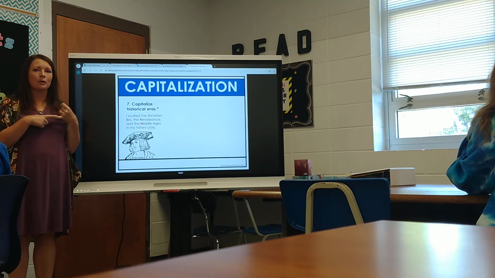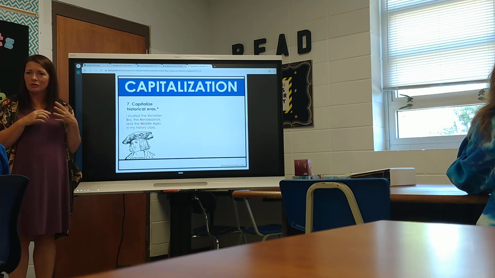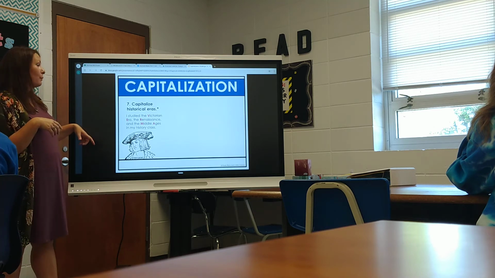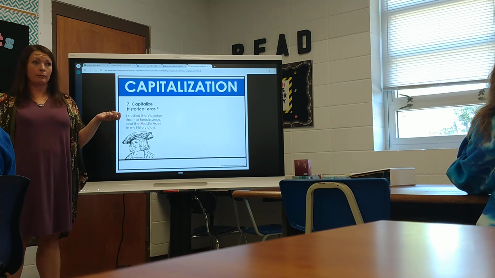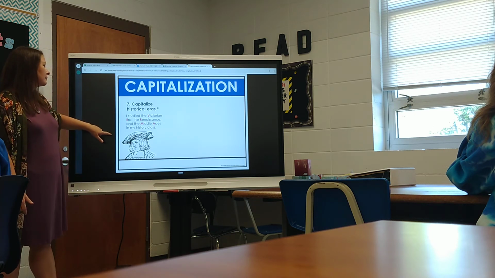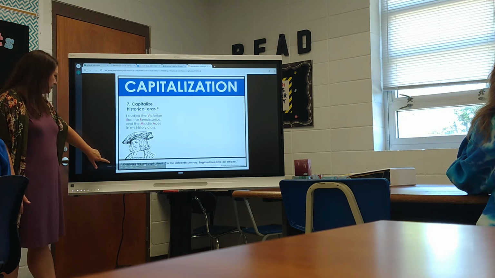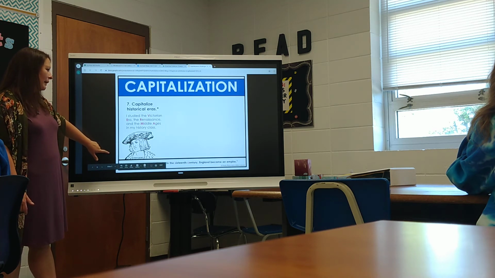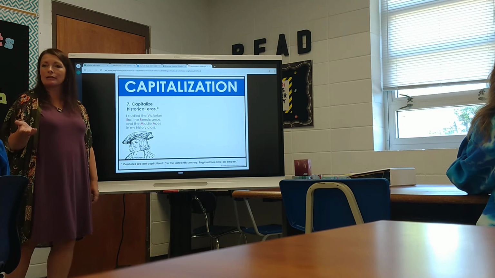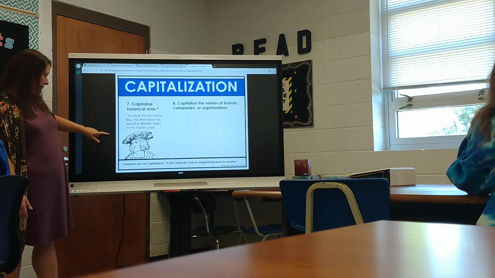Reconstruction after the Civil War, that's an era. The Revolution, that's an era. So, westward expansion. You guys studied westward expansion, right? Yeah. You would capitalize that. Okay. You don't capitalize centuries, like if it was the 16th century or the 20th century, you don't capitalize that.